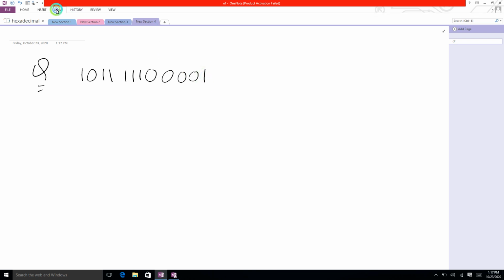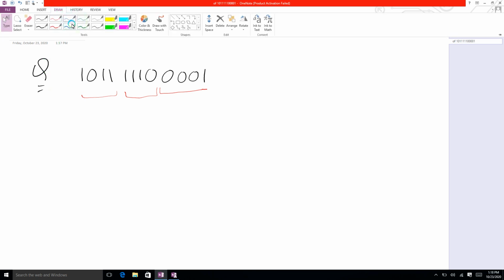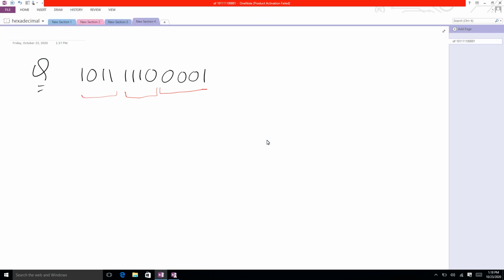Now I'm going to divide this into 4 bits because each 4 bits will give me 1 hexa. Okay, so first of all I'm going to solve this one: 1 0 0 1, sorry, 0. So I'll assign the weights 1 2 4 8 here separately.